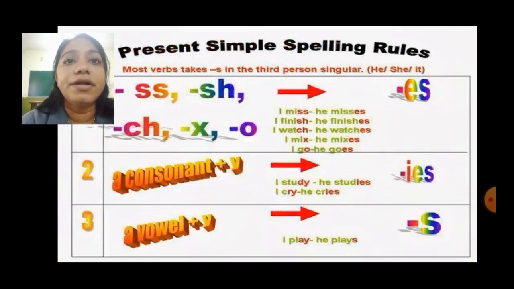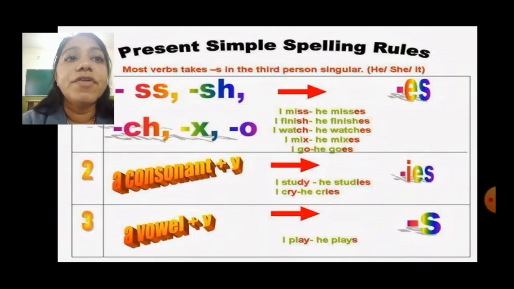Spelling rules. Most verbs take s in the third person singular, he, she, it. But when it ends with double s, sh, ch, x or o, we will add es. For example, I miss. Here it ends with double s. So we will say he misses. We will add es to the form miss.